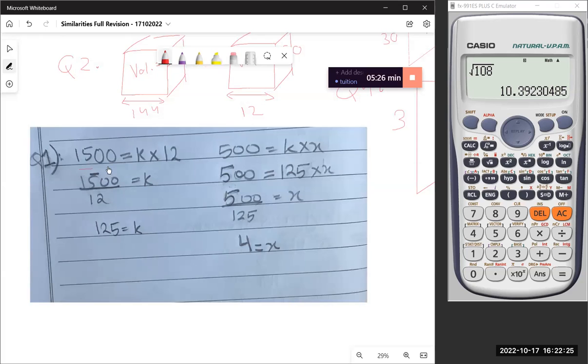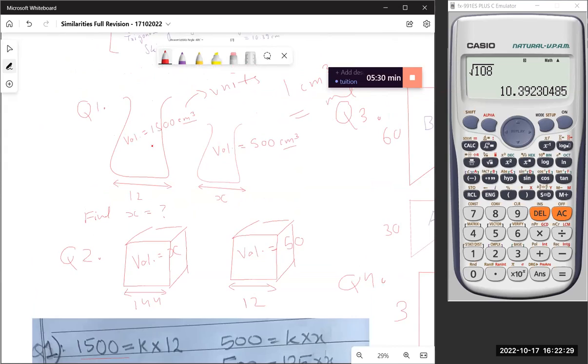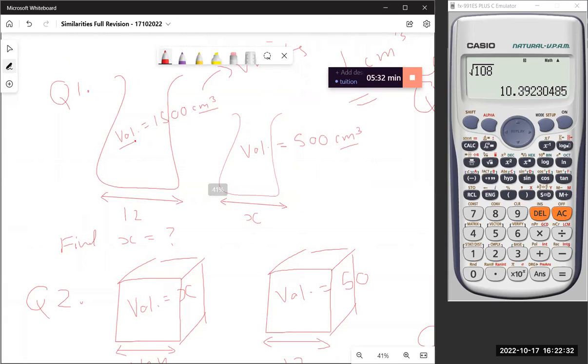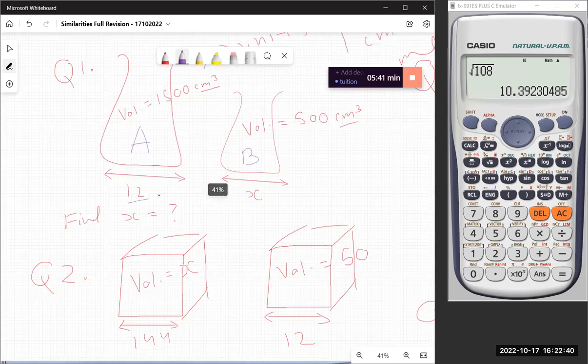Now, when you took 1500, what is 1500? It is the volume of the first shape A. Now, what is 12? Diameter. What do you think is that?